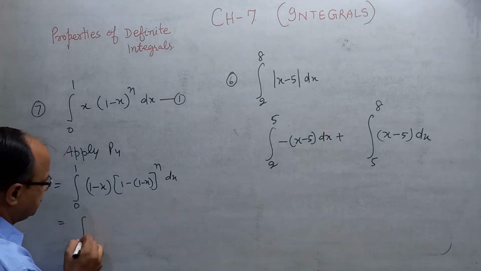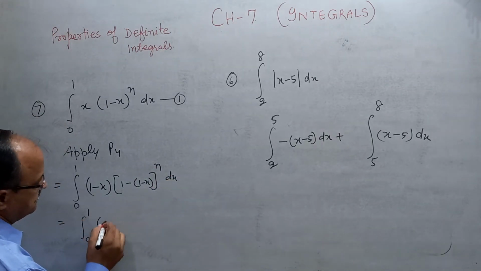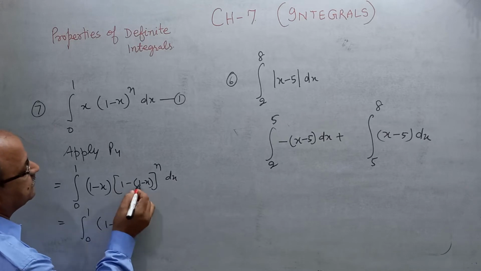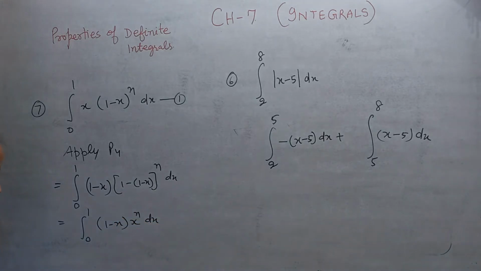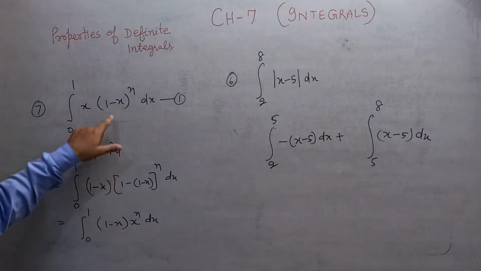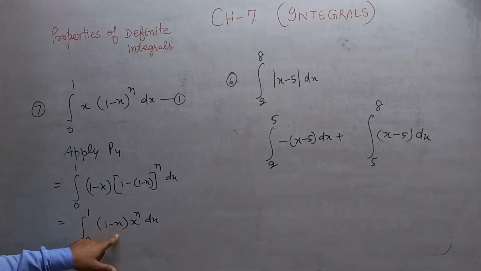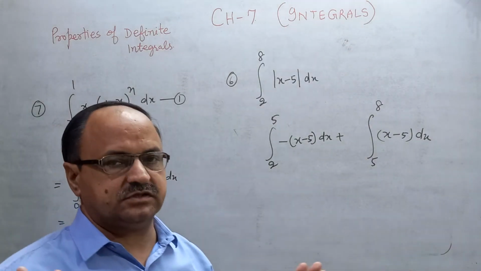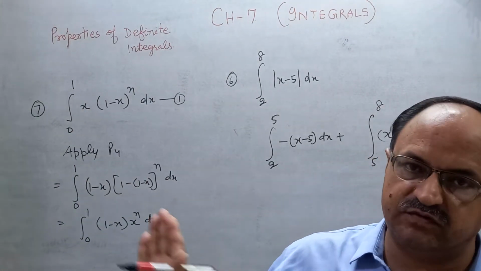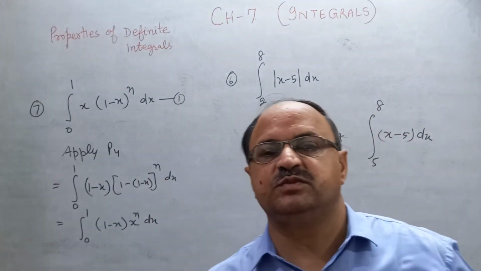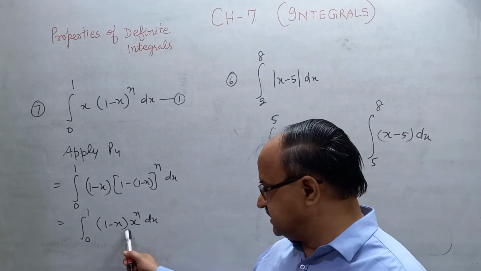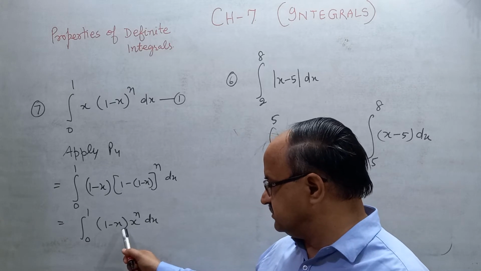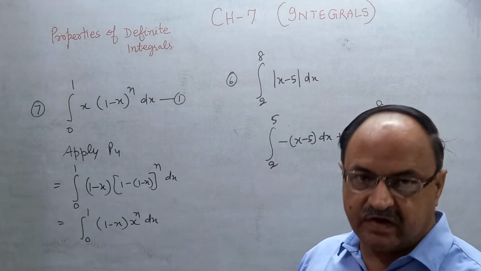When you simplify, 0 to 1, 1 minus x, the 1 and 1 cancel, x to the power n. Now you can check, if you add equation number 1 and 2, there is no simplification in the question. Now you see that you can do the integration of this function very easily.